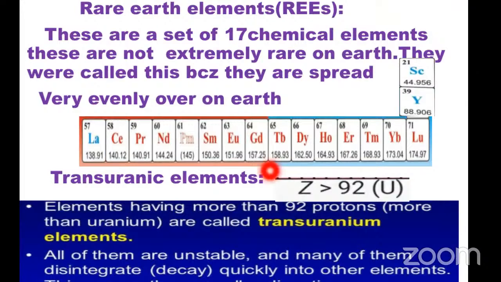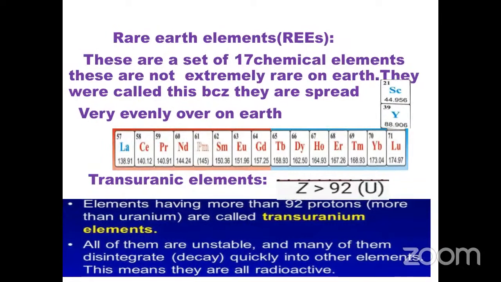All of them are unstable, and many of them disintegrate, meaning decay quickly, into other elements. This means they are all radioactive.